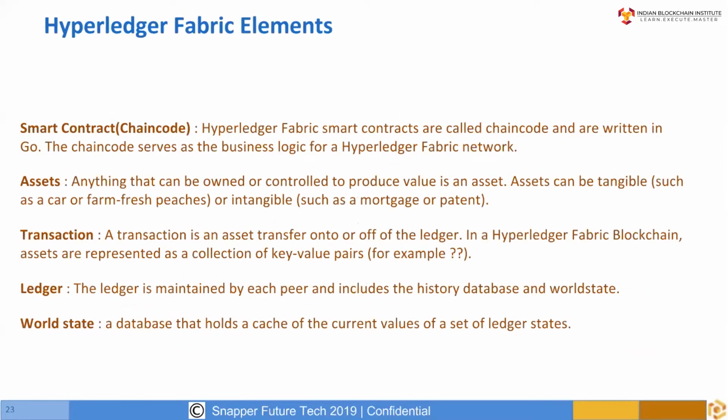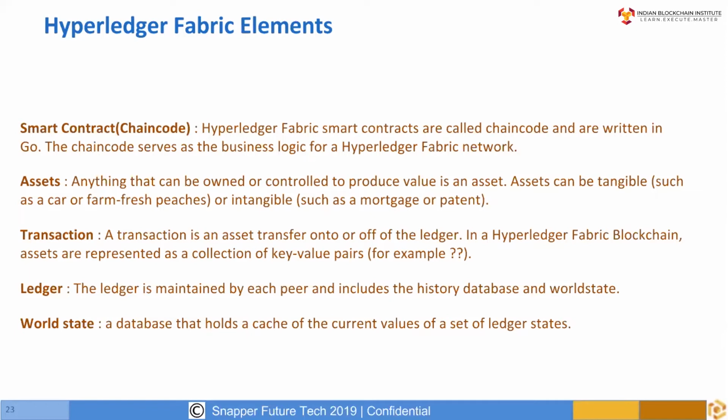A smart contract, that is chaincode in Fabric, is most commonly written in Go. That depends: if anyone is familiar with Node.js, JavaScript, or Java, you can use that. Asset: anything that can be owned or controlled to produce value is an asset.